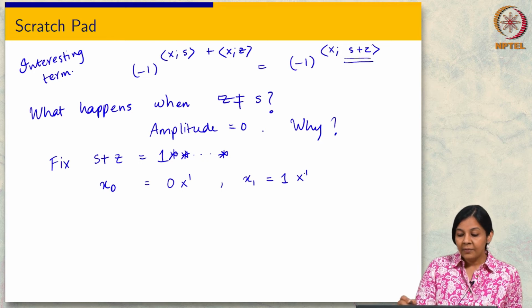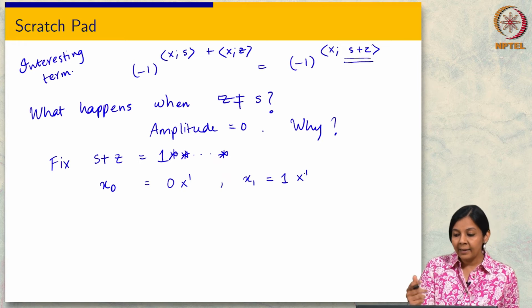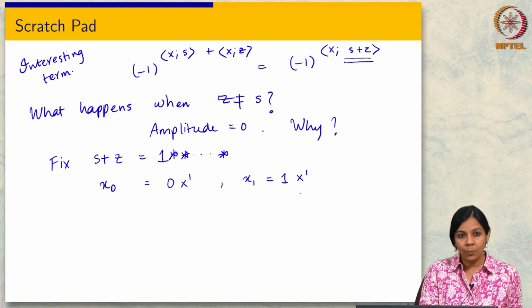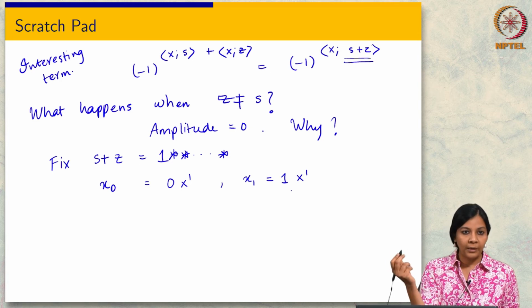For every x0 I have an x1 which leads to a +1 and a -1 correspondingly.